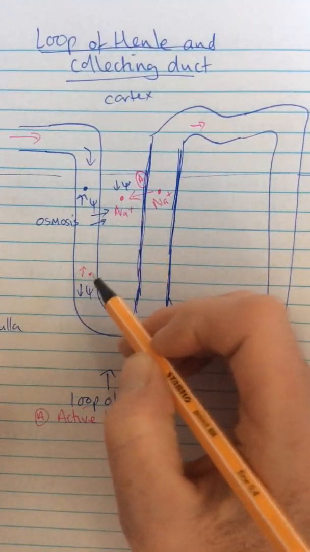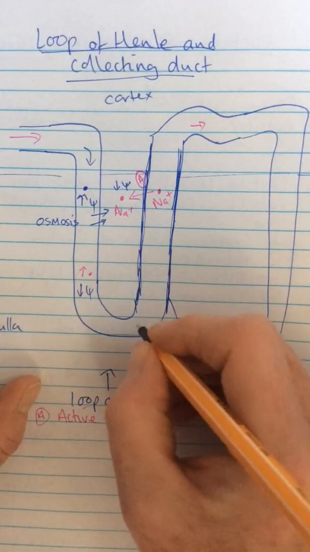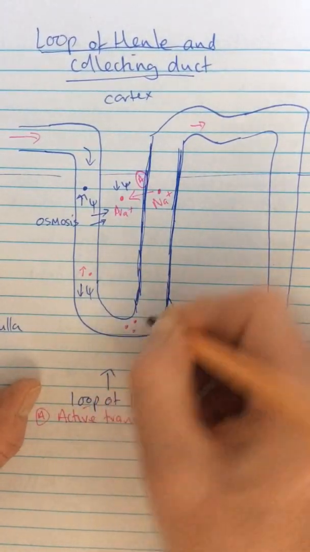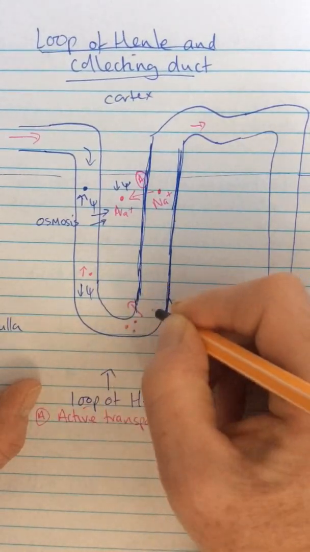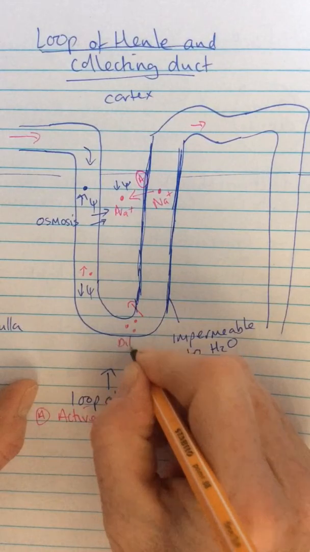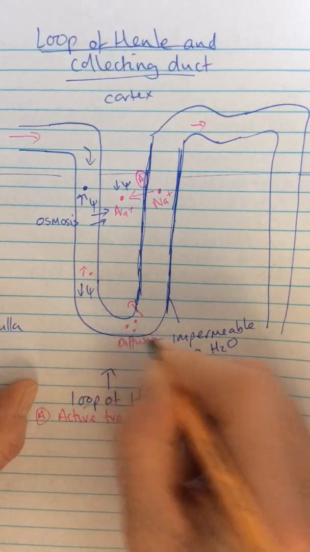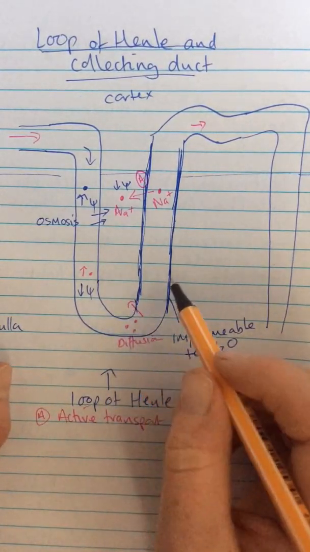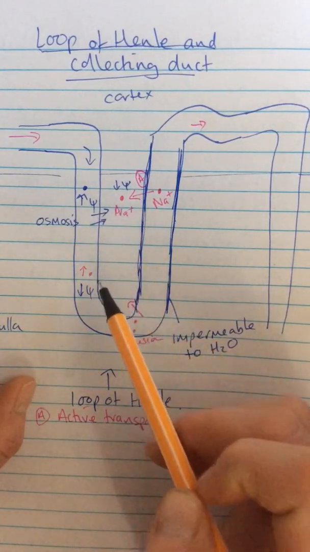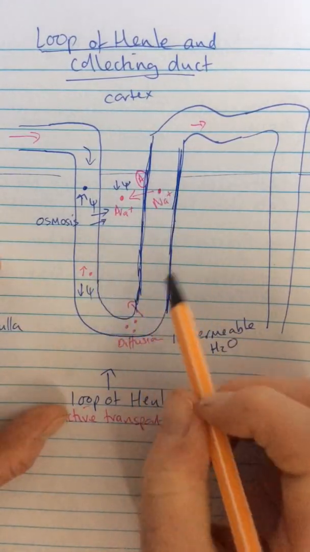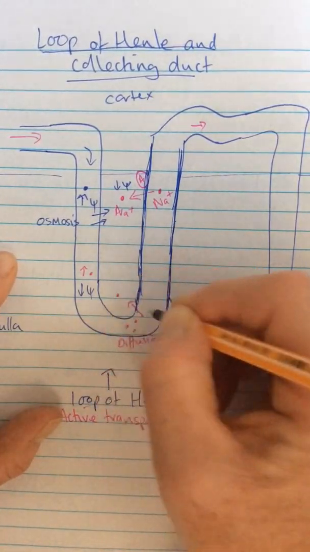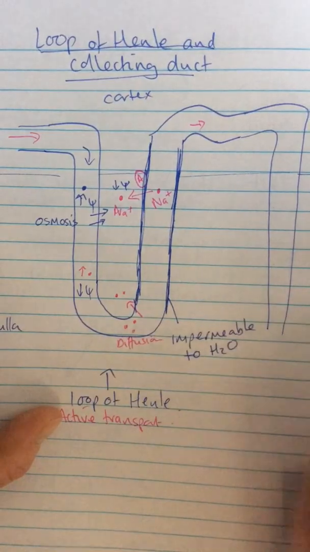So we're left with lots and lots of salt, okay? By the time we get down to the bottom here, we've got tons and tons of salt. So you will end up with some of it just moving out, simply by diffusion. So sodium ions will just move out by diffusion because they've built up in concentration because the water has left, okay? Which means that down here, you've got a pretty high sodium ion concentration as well.